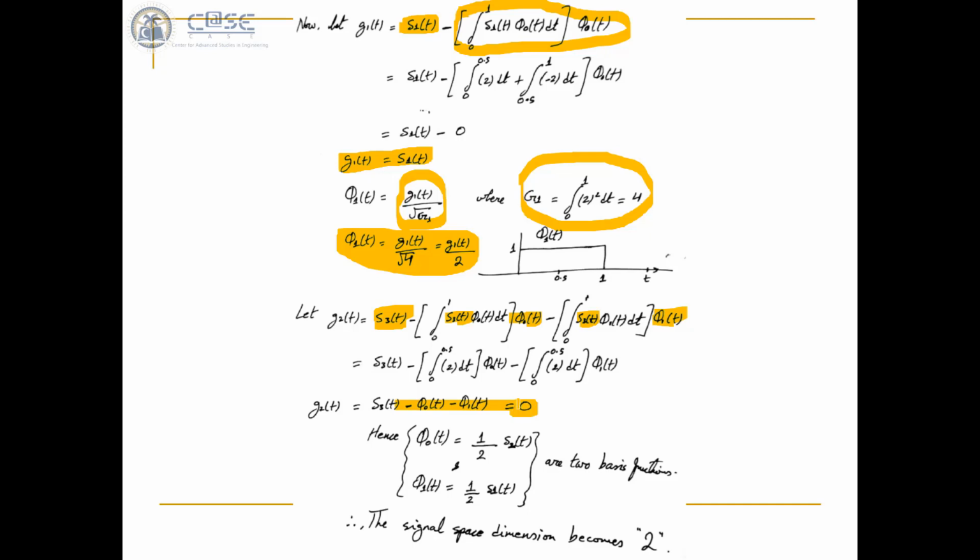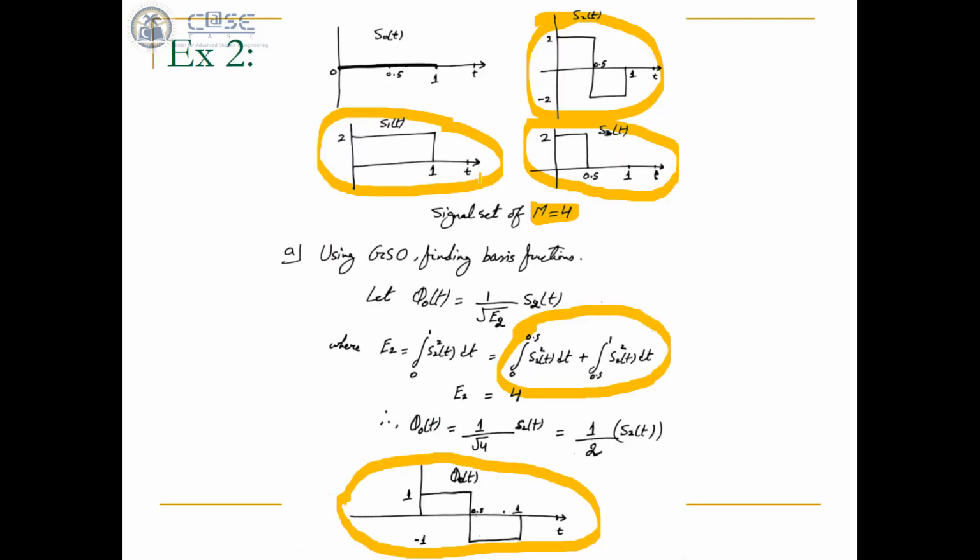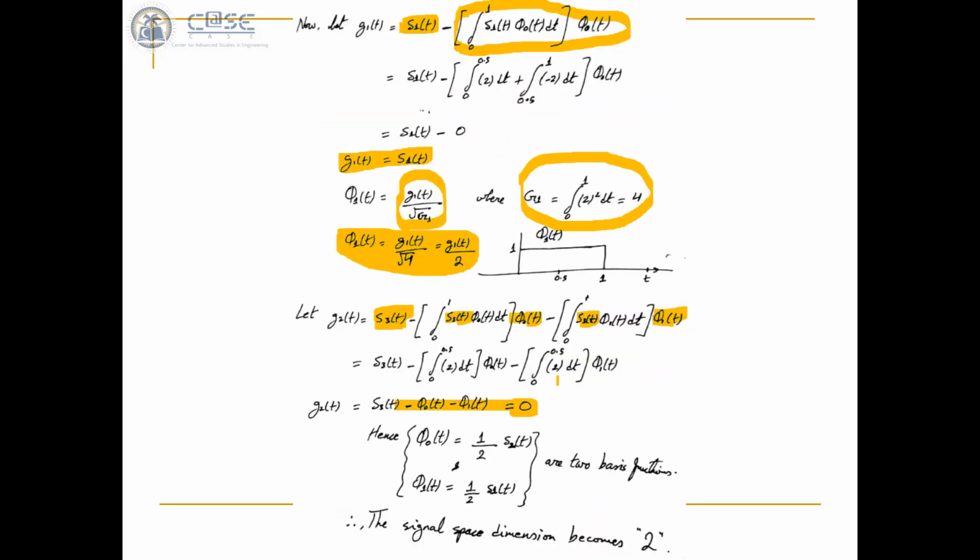Like I said, if the result comes out to be 0, we are going to stop, and if there are no other signals remaining, we are going to stop our GSO process. So in the end, we end up reducing the possible signals to 2 only, that is phi naught of t and phi1 of t.